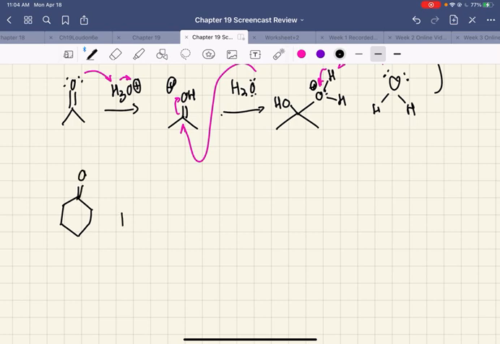Cyclohexanone plus 2 CH3OH reacting with toluenesulfonic acid will yield this.